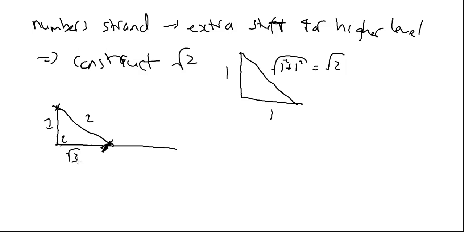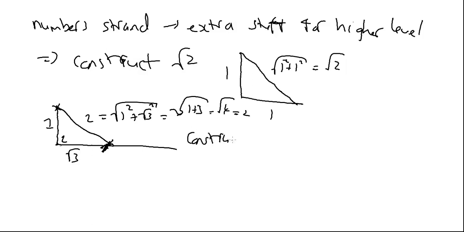And the reason for that is because from Pythagoras the hypotenuse is the square root of the sum of the squares of the other two. So that's 1 squared plus the square root of 3 squared, which is the square root of 1 plus 3, the square root of 4, so it's 2. So that's how you construct the square root of 3.